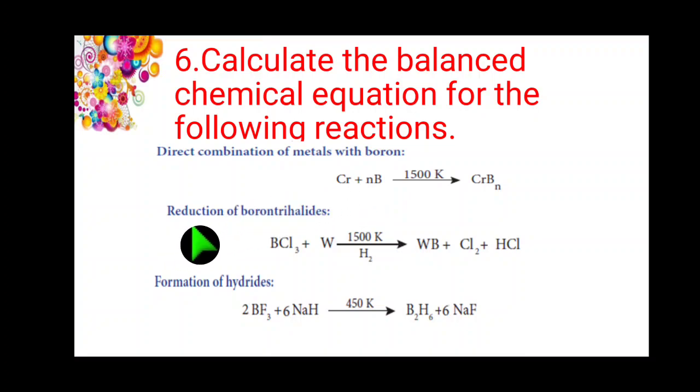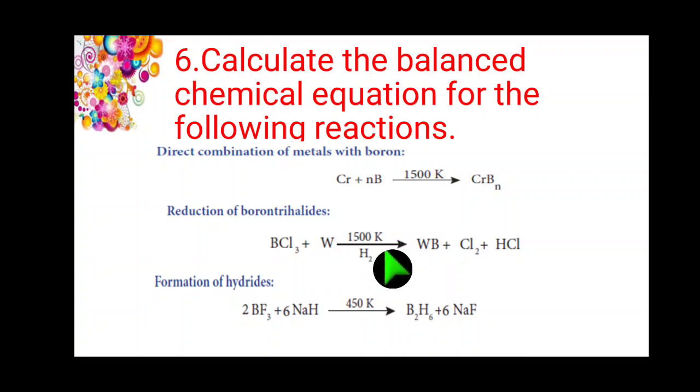Second, reduction of boron trihalide. Reduction means what? Addition of hydrogen. The boron trichloride, so generally we can call it boron trihalide. Chlorine is a halogen, so boron trichloride reacts with tungsten. Tungsten is a transition metal used in the filament in an electric bulb, right?